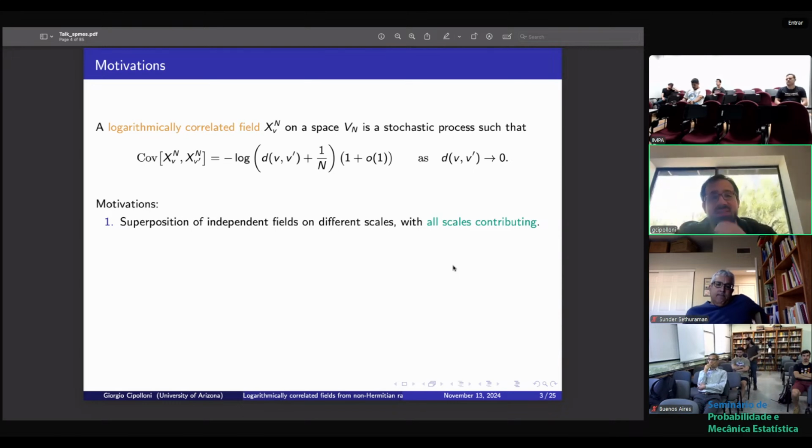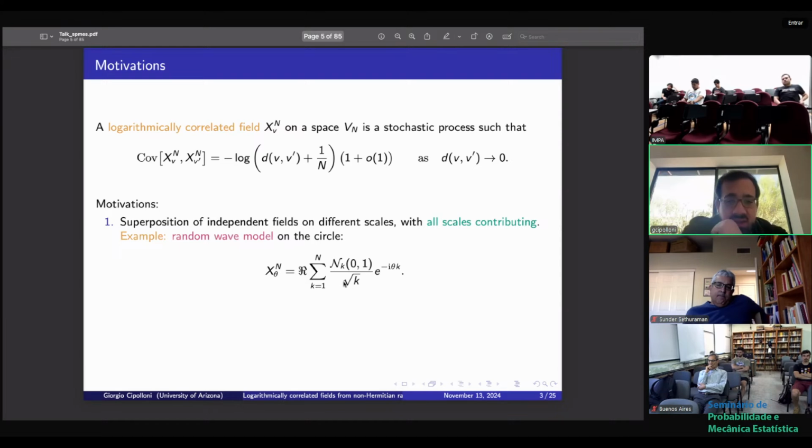So the first fact is that for these log-correlated fields, the randomness contributes at all scales equally. Maybe the best way to see this is with a fairly simple example, which is the random wave model on the circle. It's this X theta n, which is the following sum. Again, we truncate the sum just to make sure that everything is convergent. We just have IID Gaussians, N_k, standard Gaussians, independent, and then square root of k, and then there is just a phase factor.